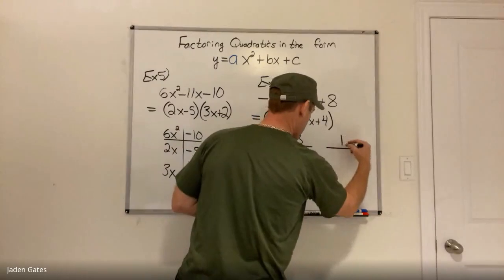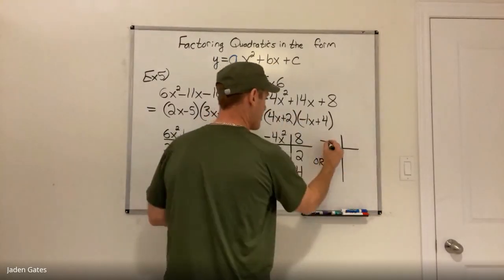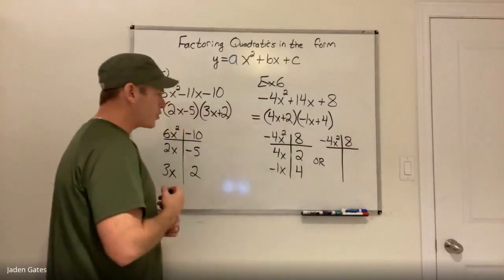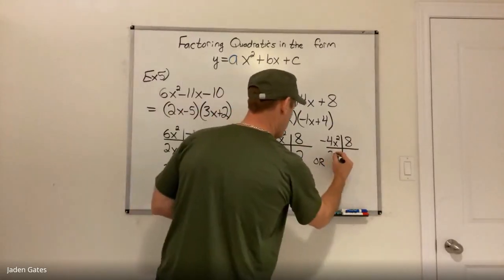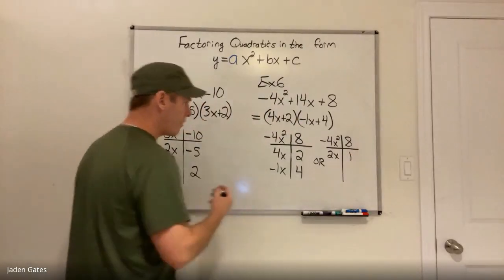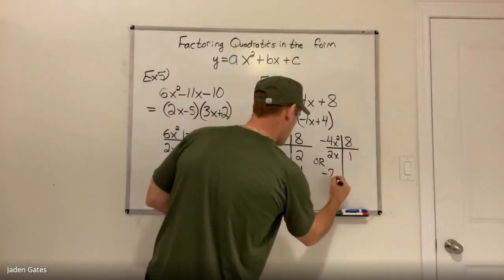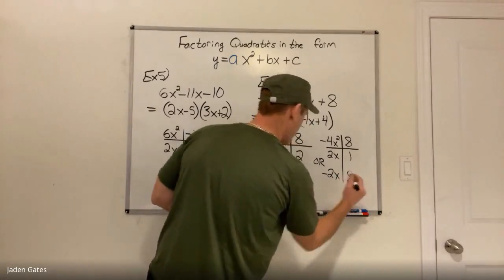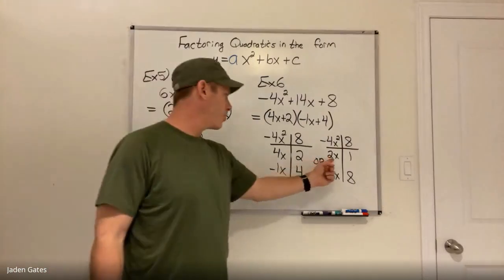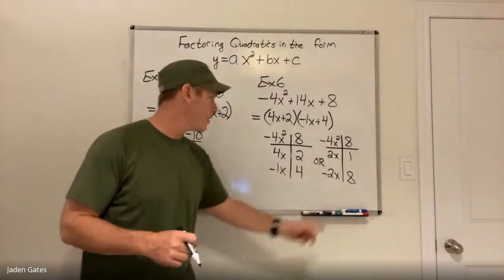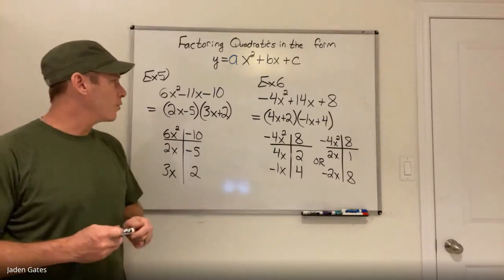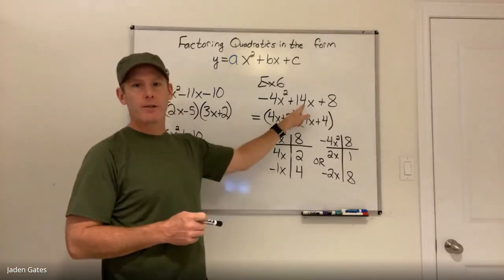Maybe it's not as rare as I'm saying, or I'm just giving these examples out. The other combination that would work is 2x here and a 1 here, which means I would have negative 2x here and an 8 here. How does that work? Well, 2x times 8 is 16x, cross multiplying, minus 2x, which of course gives you the 14x.